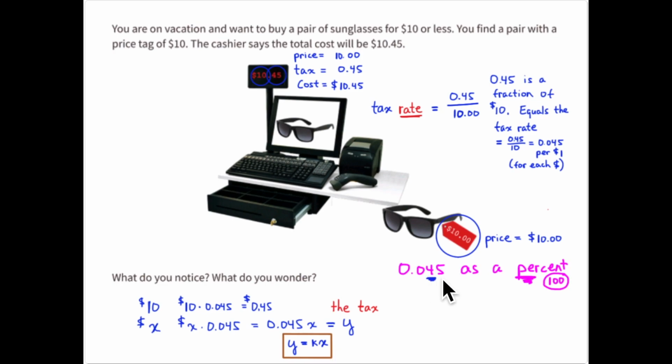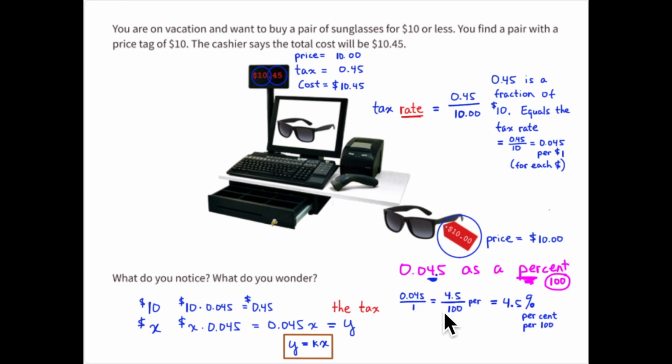Now 45 thousandths is 4.5 hundredths. So go to the hundredths place and place the decimal point after the hundredths place, and that's going to change this value: 45 thousandths equals 4.5 hundredths, or 4.5 per 100.